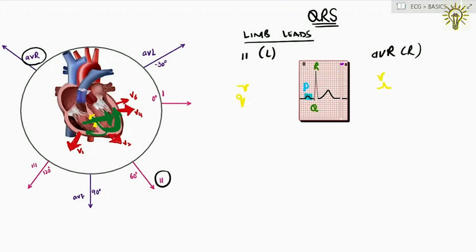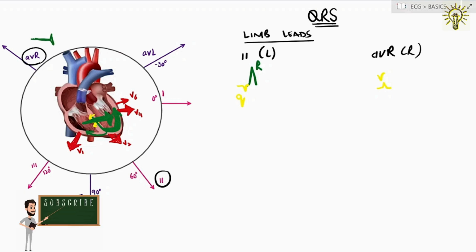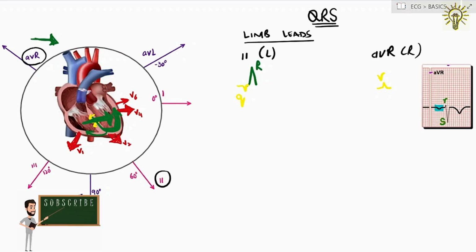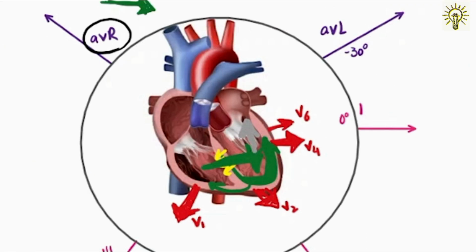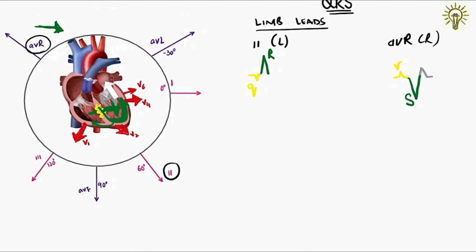This would cause a huge deflection on left-sided leads like lead 2, moving away from right-sided AVR, thus causing a huge downward deflection or capital S on lead AVR. The third part of the ventricular depolarization wave is one from the basal parts of the heart, which is directed upwards and backwards. This causes a negative small s wave on lead 2.